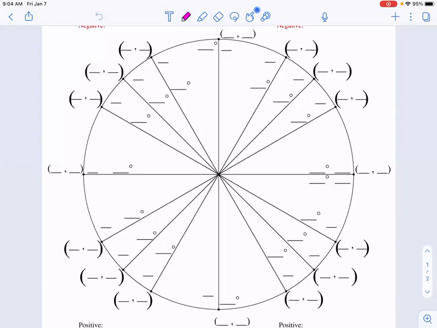He's overcome. Okay. You have in front of you the unit circle. This is the most important thing you will learn this semester. Okay, I'm not trying to scare you. I'm just trying to be realistic.